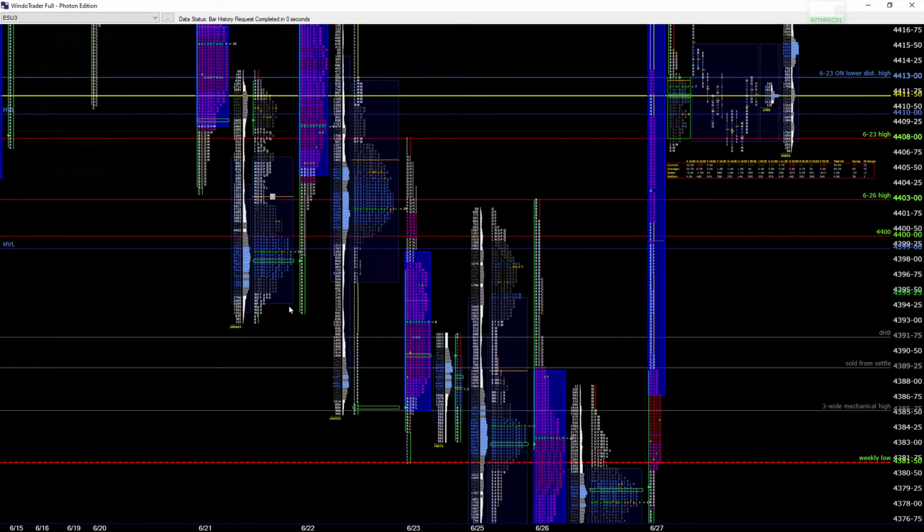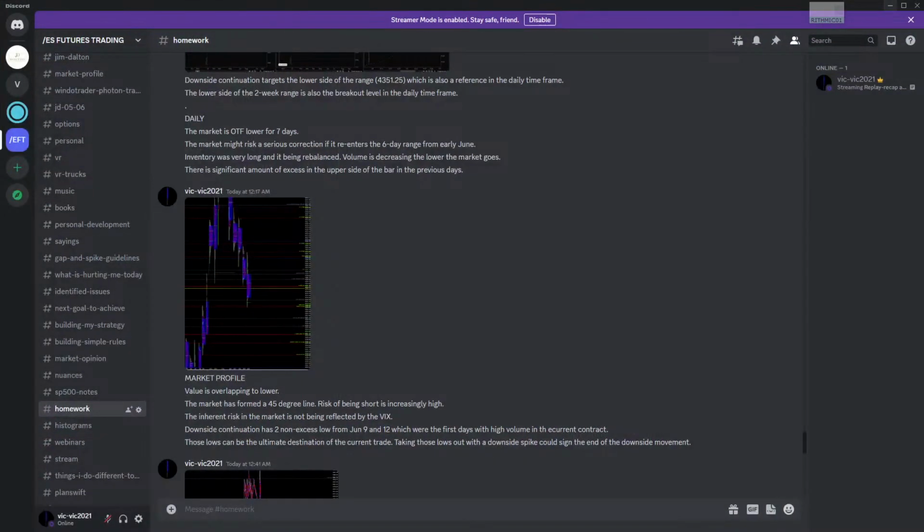Every time the market had a gap, the market closed the gap. It closed here, it closed here, it closed here. 1 day closing, 2 days closing, 3 days closing the gaps. That's a sign as well. It's telling us the market is not as weak as price is advertising.